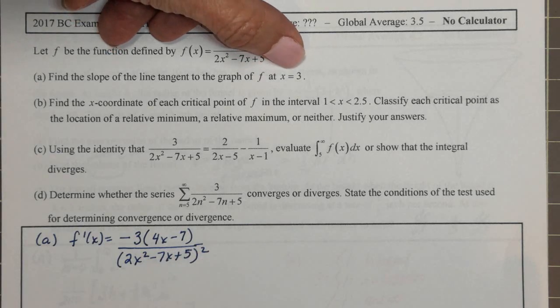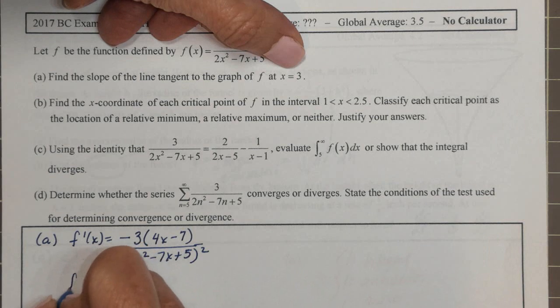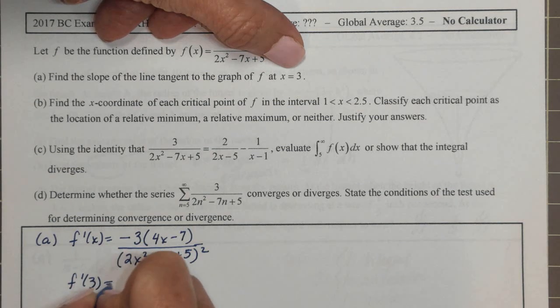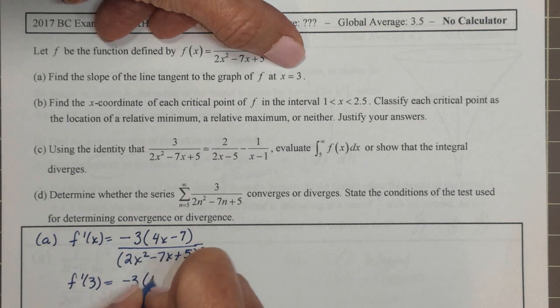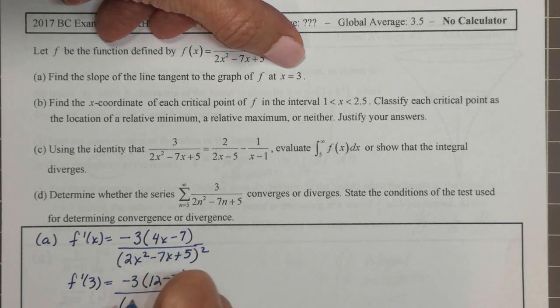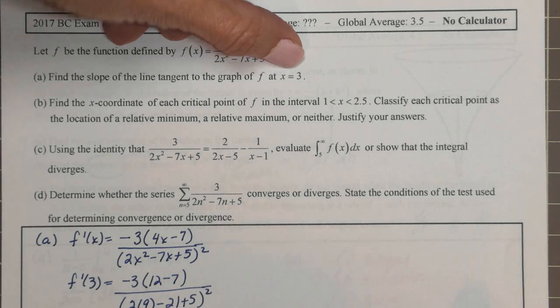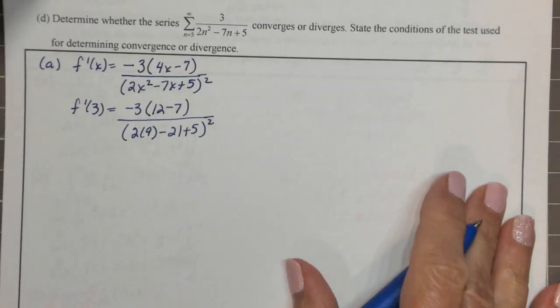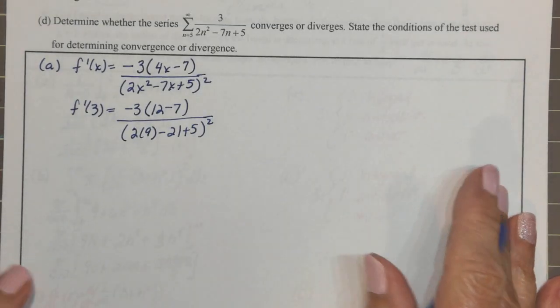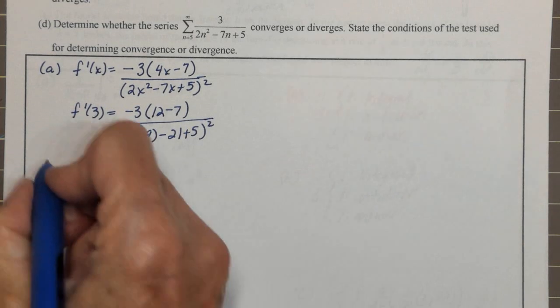And now I plug in 3 for x. And I'll just say stop there. Okay. Part B.